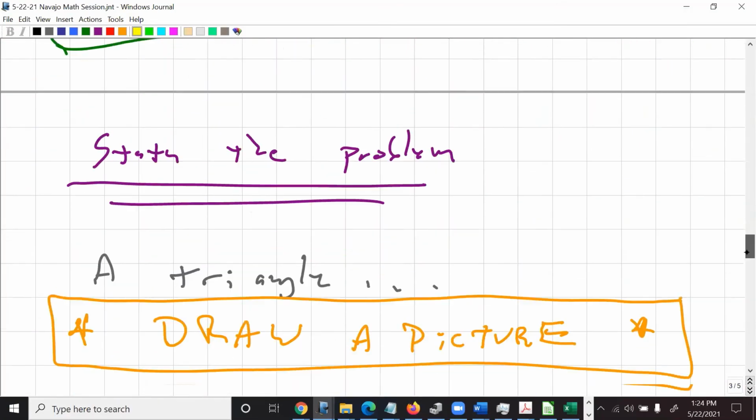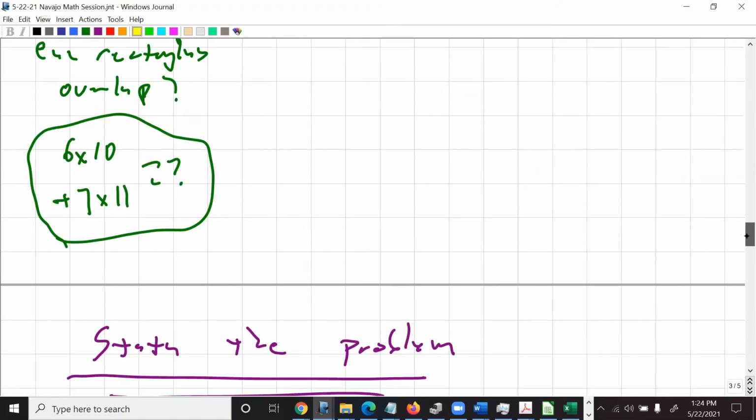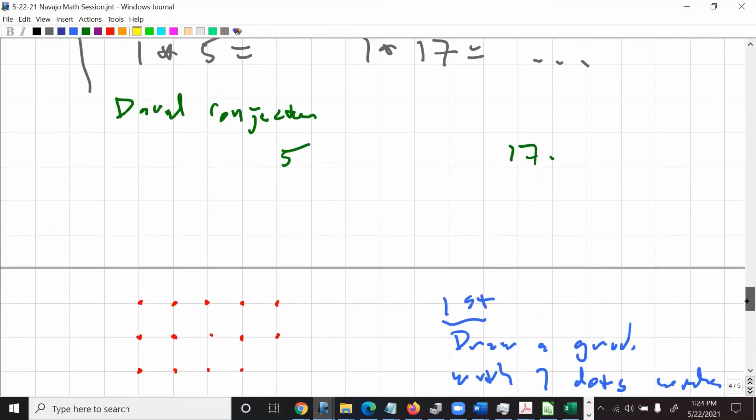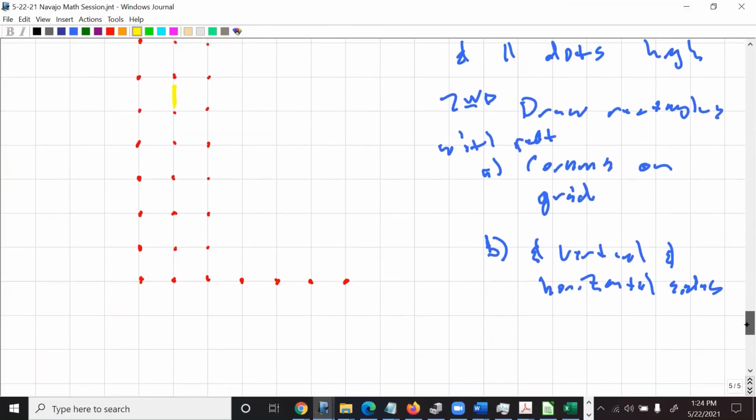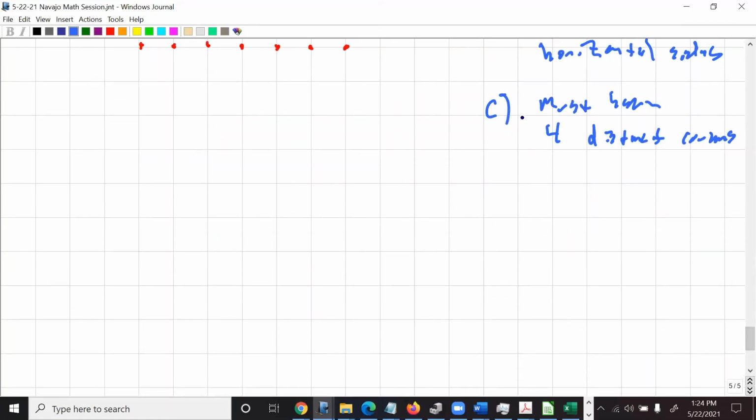Has to have 4 corners. Okay, well, in this rectangle, we're going to say it must have 4 distinct corners, as a mathematician, because things don't have to be distinct. Or must have area, or must have side length bigger than or equal to 1. That's a C1.